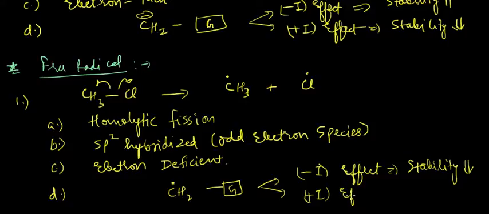But if it has a plus I effect, the stability would increase. For understanding it is very simple: if we have an electron deficient species and on top of it we have a group which has a plus I effect, then the slight shift of electron density would be towards the CH2 dot group, hence the stability would increase. So free radical behaves the same way as a carbocation would behave.